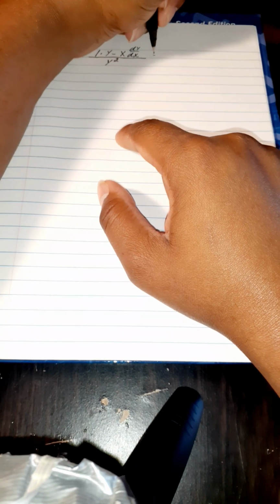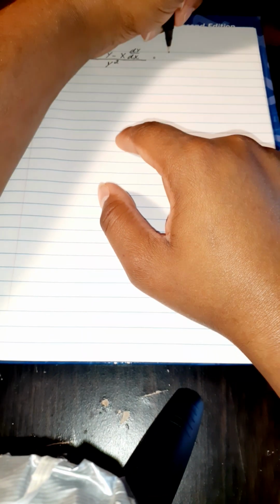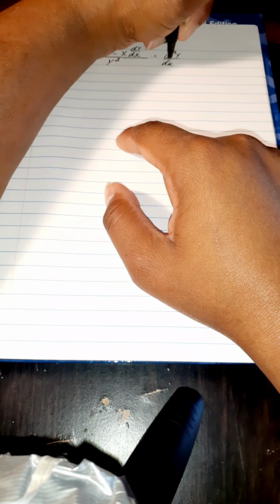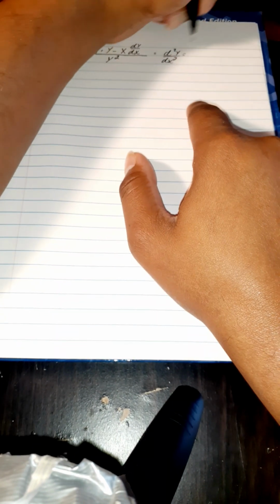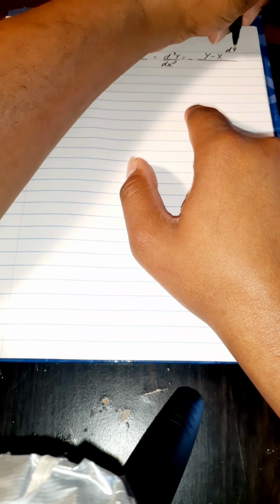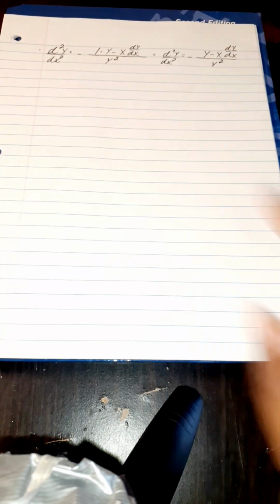And we can clean this up. So this would just be d2y over dx squared. It's going to be equal to, if we clean this up, we'll keep the negative to the side, of course. And then this will be y minus x times dy over dx, all divided by y squared.